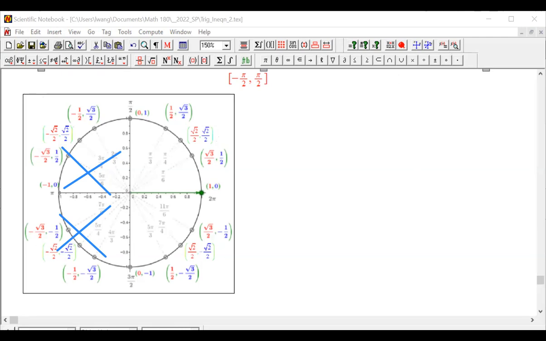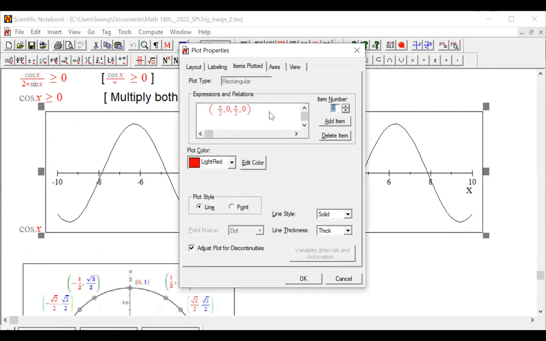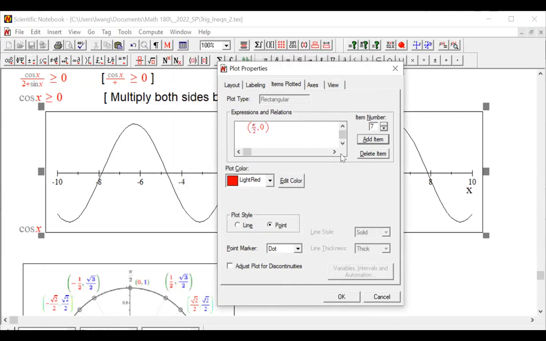So let's see if we can find a pattern. The next interval here is going to be 3π/2 to 5π/2.